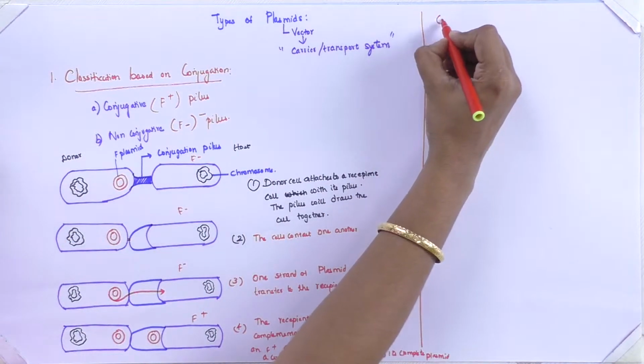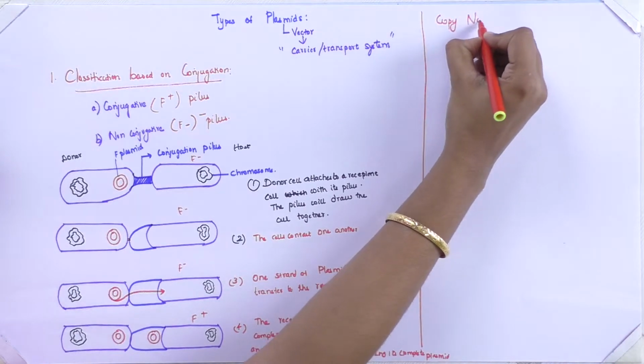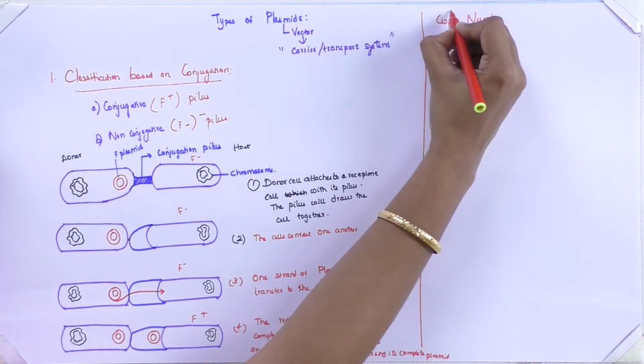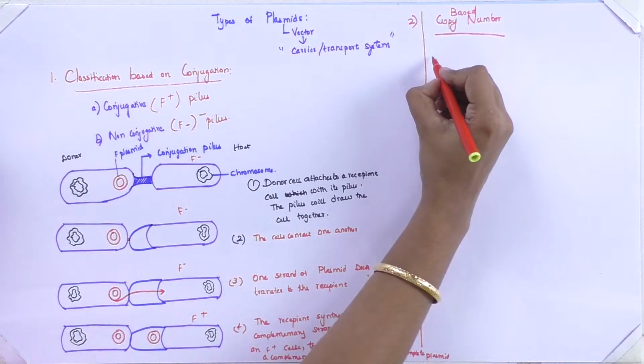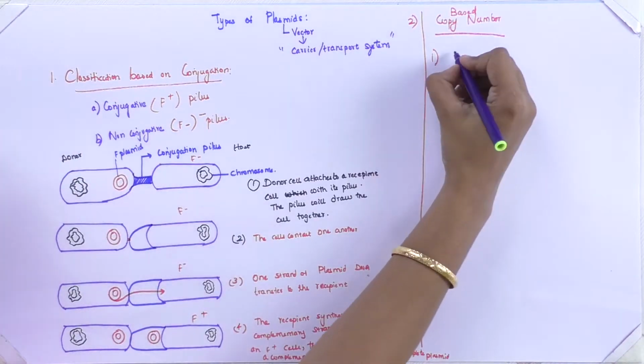Now, based upon the copy number, the first one is the non-integrative plasmid.